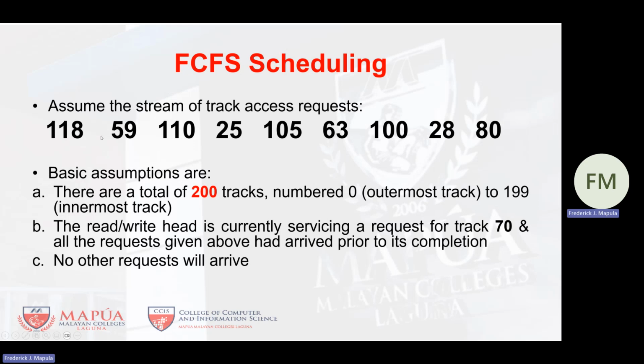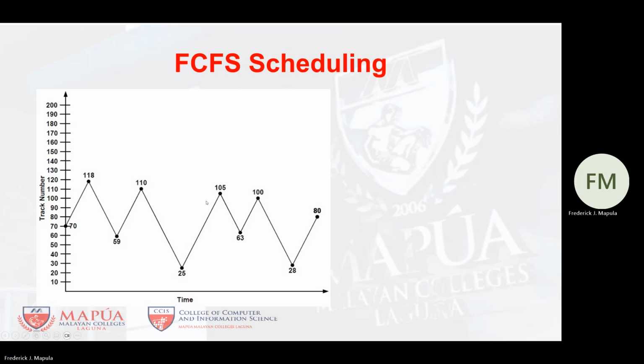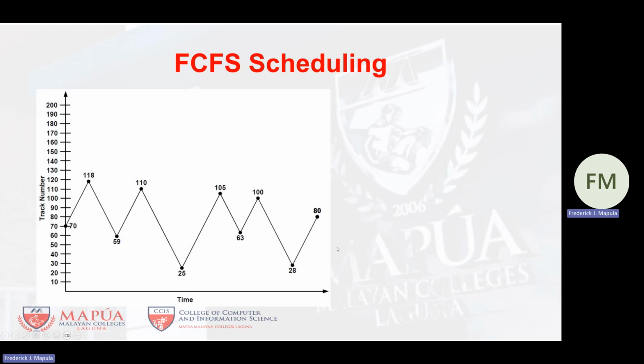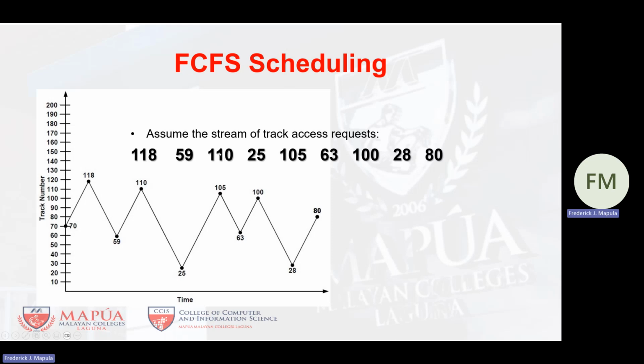Until from 118, 59, 110, 25, and so on, until we reach 80. Right? Assume the stream of track access requests, this, until we reach 80.